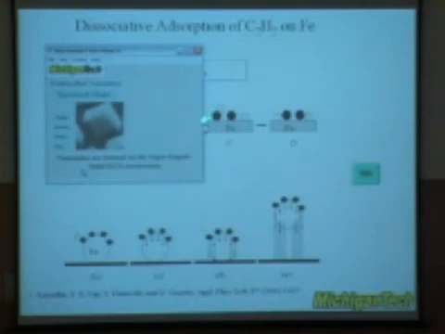Again, we put a catalyst particle on a substrate, which is iron in this case. When the C2H2 molecules land on the surface, the charge transfer from the molecule to the catalyst helps them decompose very fast. All this carbon starts to dissolve inside the catalyst and form the carbon nanotubes.